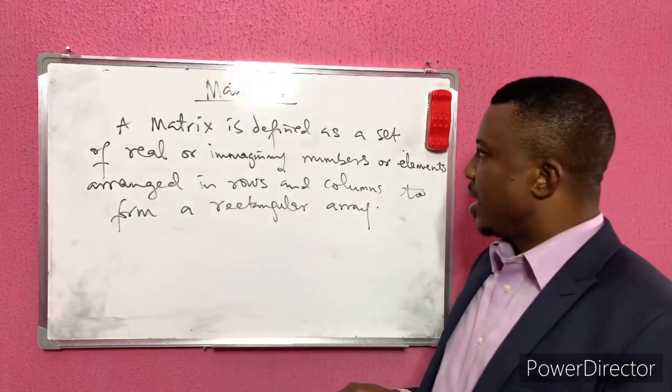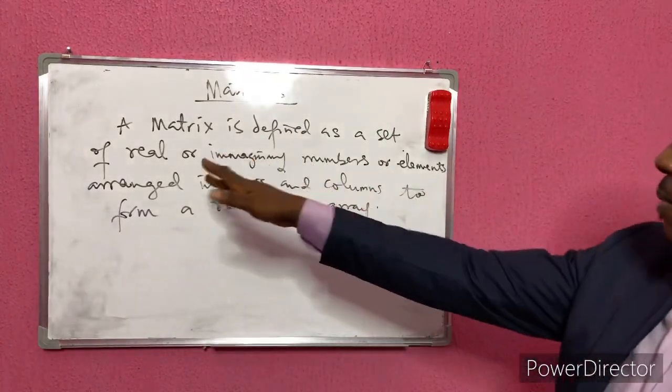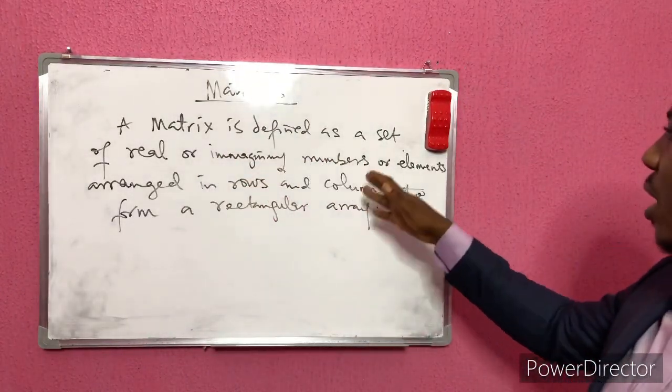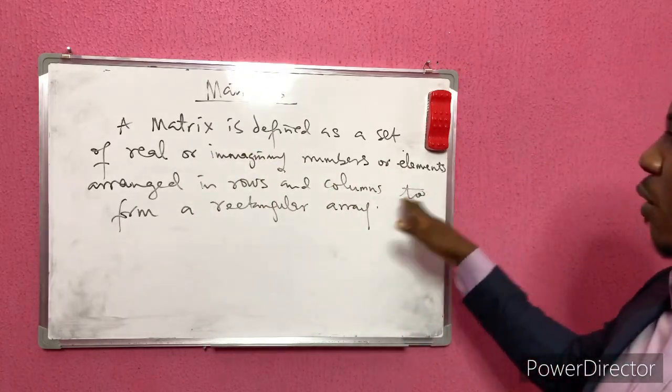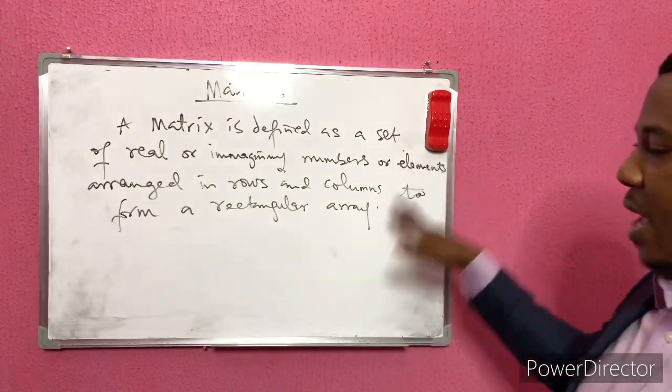So, a matrix is defined as a set of real numbers or imaginary numbers or elements arranged in rows and columns to form a rectangular array.